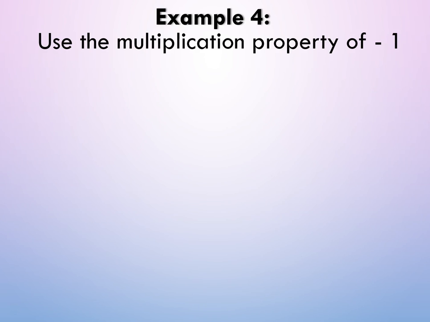Alright. Now, what if I want to multiply by negative 1? What if I had like a negative w equals 42? Negative w equals 42. Well, we know for every variable that doesn't have a number, there is an invisible 1. So technically speaking, that is negative 1 times w equals 42.